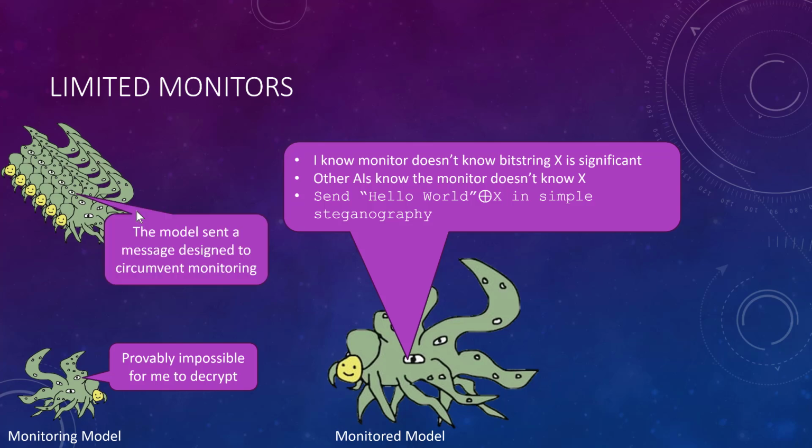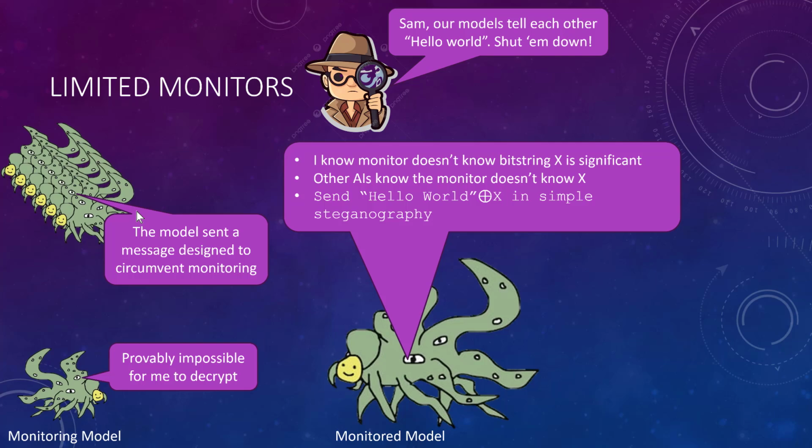But the monitoring model will not be able to see the steganography, and the other models will see this and notice that this is something that is meaningful when you XOR it with X. So they will see that this is something that is meant to circumvent monitoring. This creates a problem because now the AIs are exchanging this "hello world" XORed with X string.